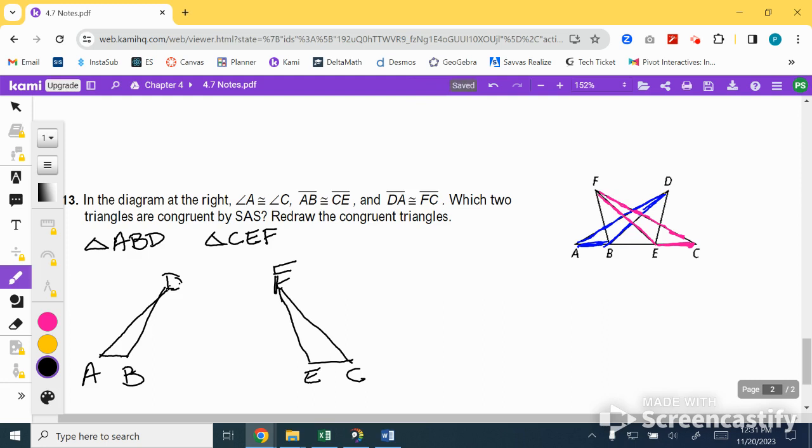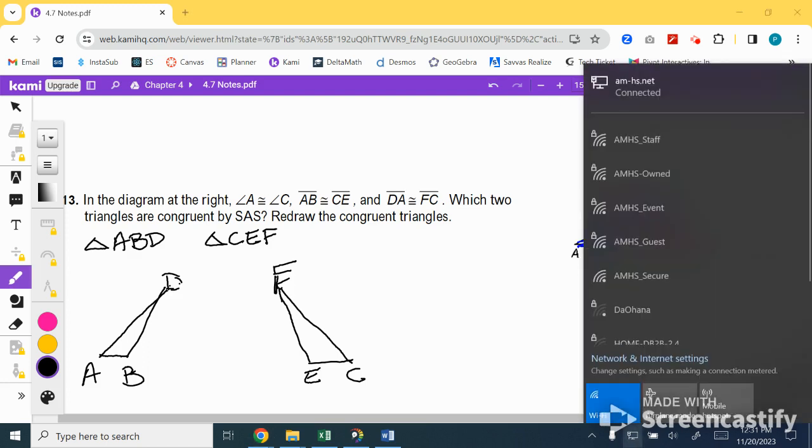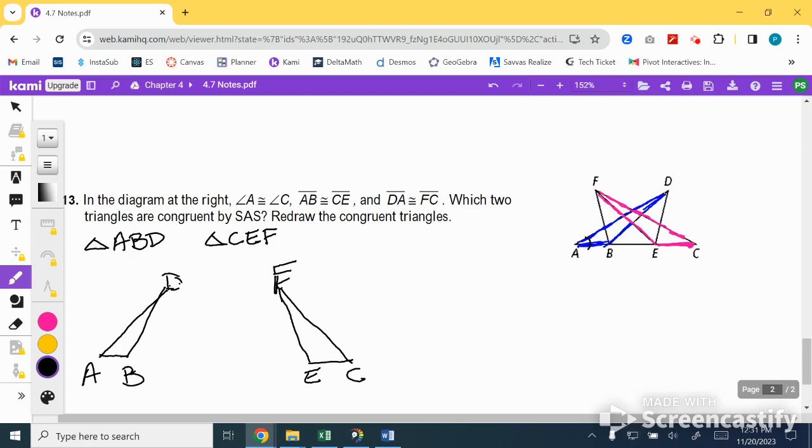All right, so we've redrawn the triangles. And which triangles are congruent by SAS? We got them, and then we redrew the triangles. So that's not too bad. Let's confirm that it's SAS. We're told angle A and angle C. And then we're told AB congruent to CE. So AB right here, CE right here.